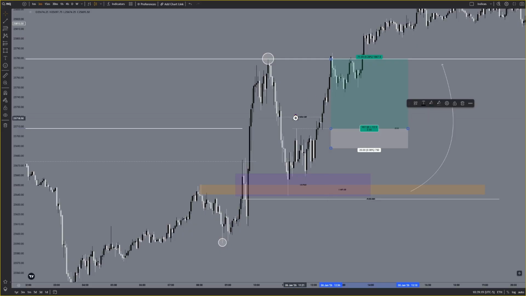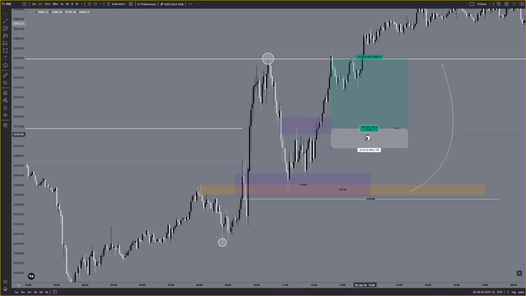Though this is not an area where you're looking for the market to flip. This is just somewhere that you're looking for orders to pretty much be claimed. Yes, you can use these things as a target. Honestly, I'm not gonna speak too much about this yet. Eventually, I get to it. But you got that order block there.